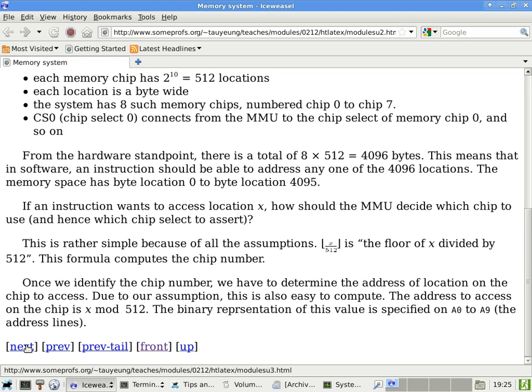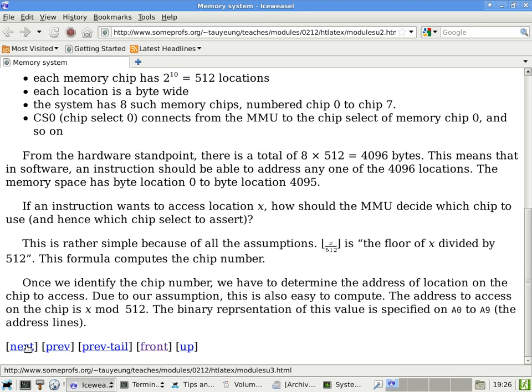In other words, the MMU is the one that will say, okay, you are chip 0, so I will see your page 0 to 511 as actual location 0 to 511. Your chip 1, I will see your location 0 as logical location 512, and you will have all the way up to location 1023. So the MMU is doing all this translation. Is that okay so far?